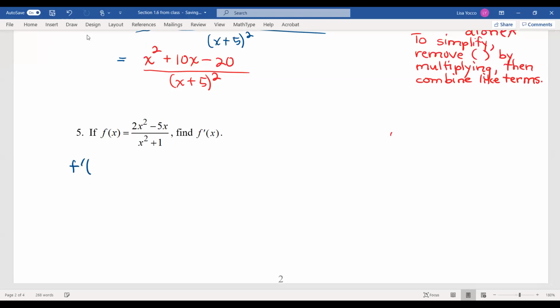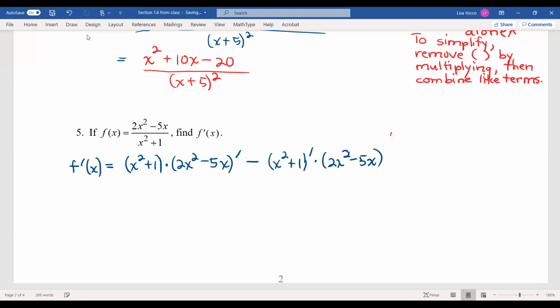So f prime of x, the derivative, the denominator times derivative of the numerator minus derivative of the denominator times numerator, and again all over denominator squared. All right, so that's the set up of the quotient rule.